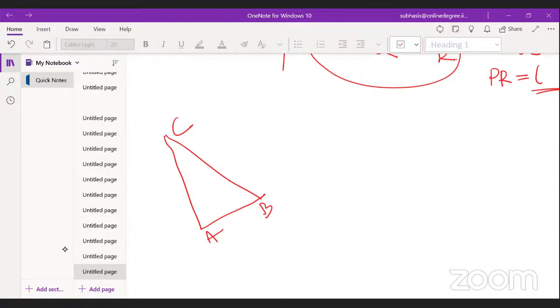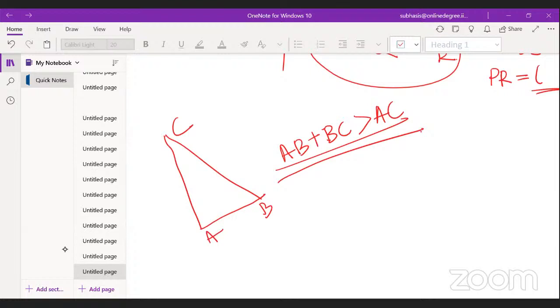I didn't get it, sir. No, in a triangle, if you take two sides, AB plus BC, then it should be greater than AC. Right?